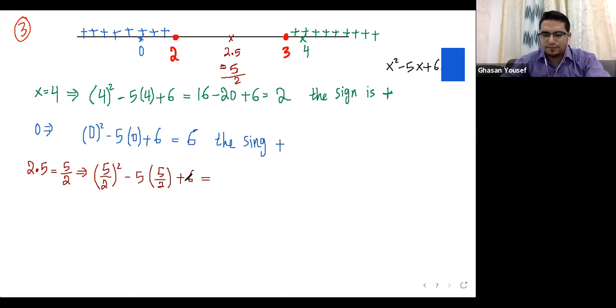What do I get? 5 over 2 squared, I have to square everything inside the parentheses, like we learned before in previous sections. 5 over 2, everything squared, 25, Pamela said 25 over 4. This is correct. So here I get 25 over 4 minus 5 times this fraction.